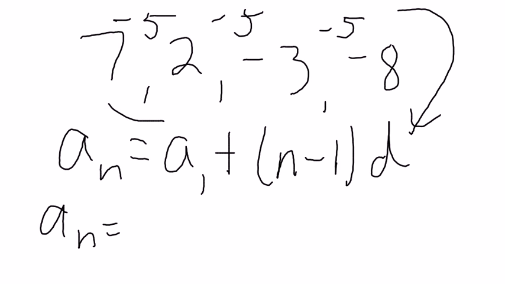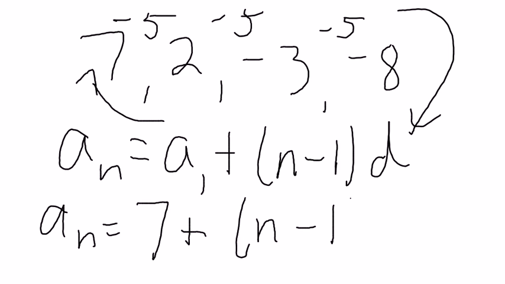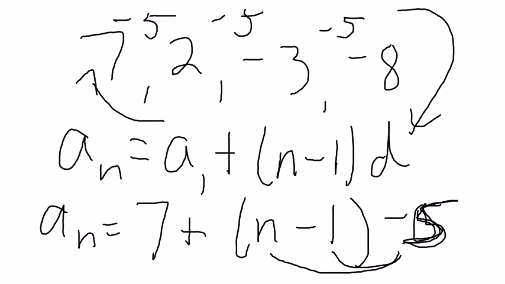That's going to be 7. That's our first term. So 7 plus n, any number, minus 1, and then d is -5. So now we can distribute this -5 over this parentheses, and I'll show you what we'll come up with here.